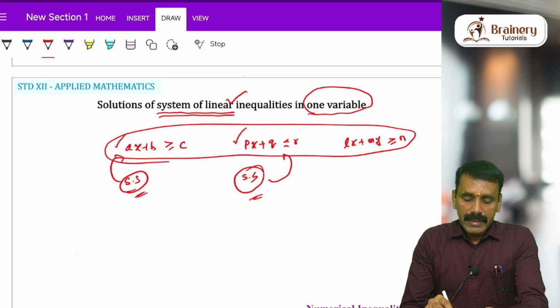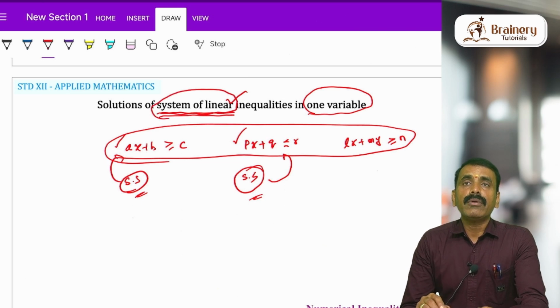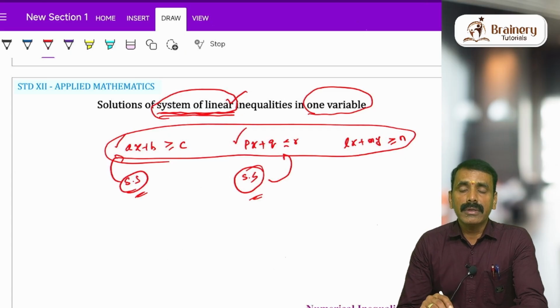So we conclude by this expression: what is a system of linear inequalities? A system of linear inequalities will be a set of linear inequalities. That is called a system. Is it clear? It will not be one inequality. It will be more than one inequality.